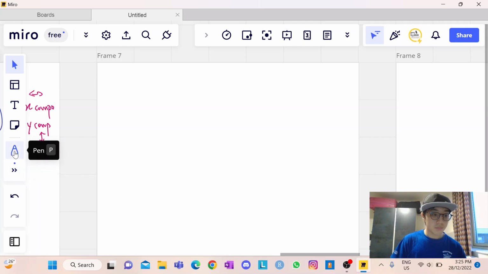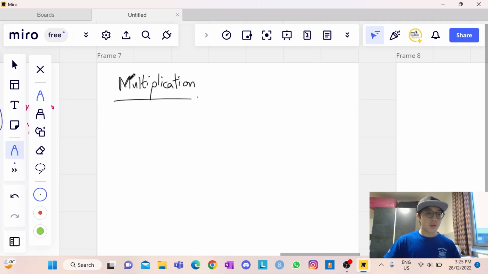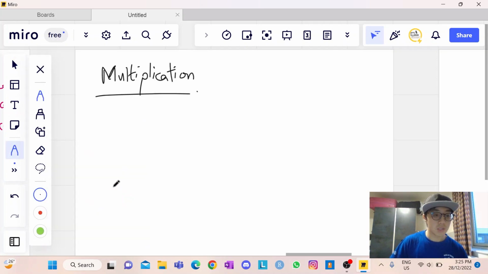All right, so this is the multiplication. We are just going to look at a scalar multiple, and it's nothing too different.